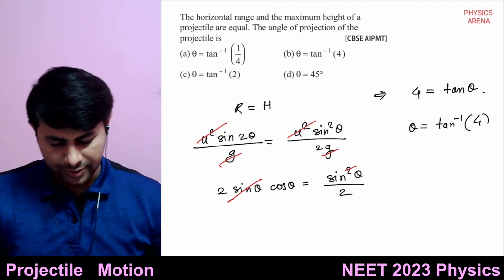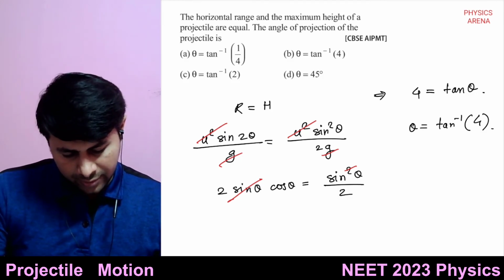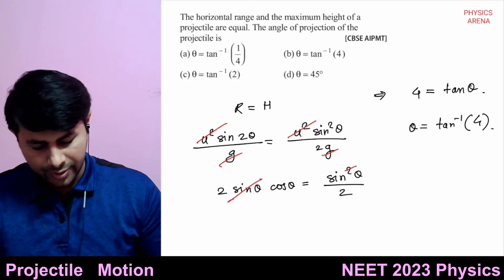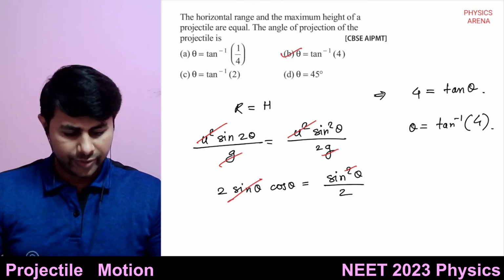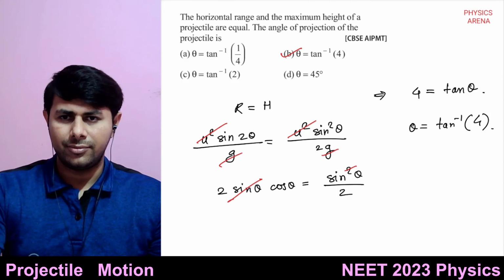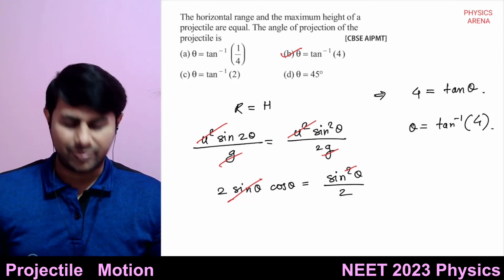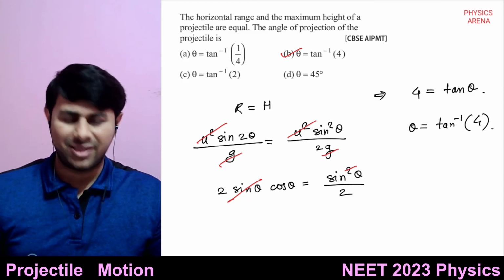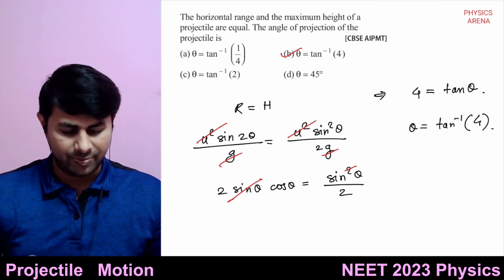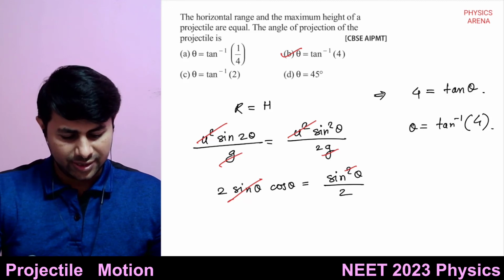It is the answer. Option B. Okay, simple question, right? If you know the formula, the questions on projectile motion are like this. Know the formula, it's simple. If you don't know, it's difficult.